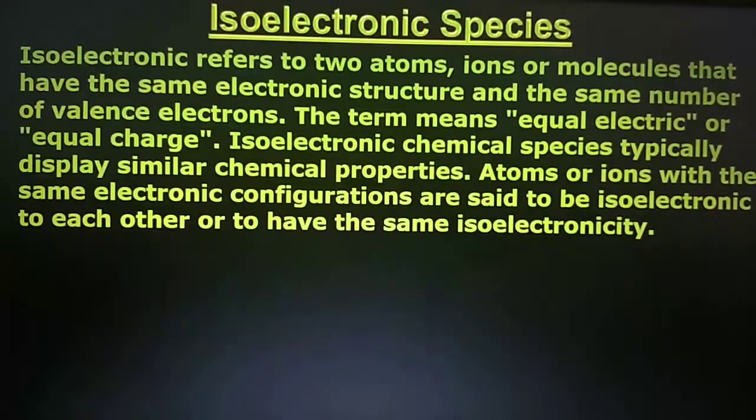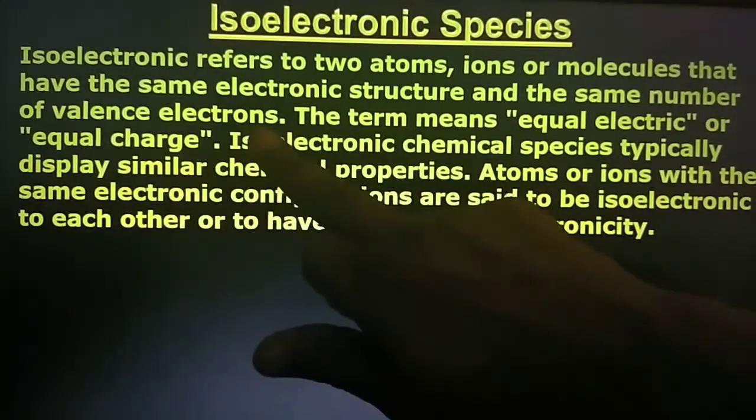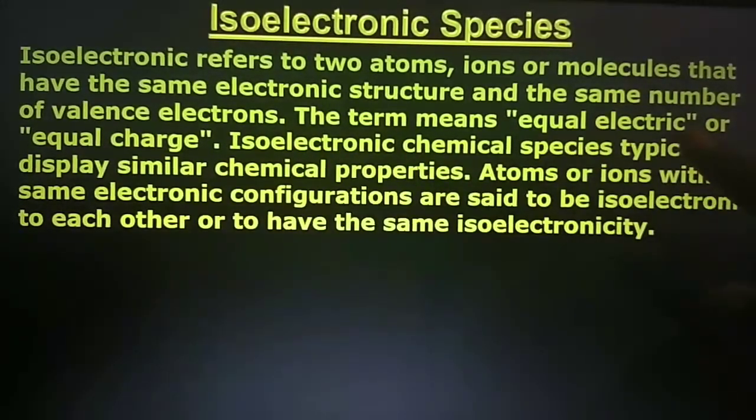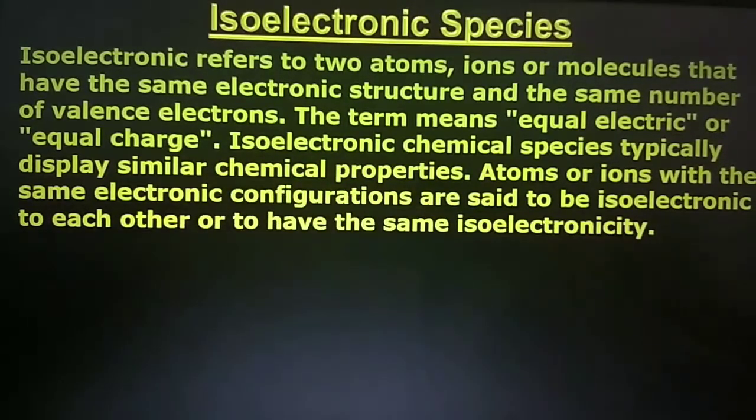Now isoelectronic species. All those atoms, cations or anions, any species or ion which have the same number of electrons, these are the species which are called isoelectronic species.